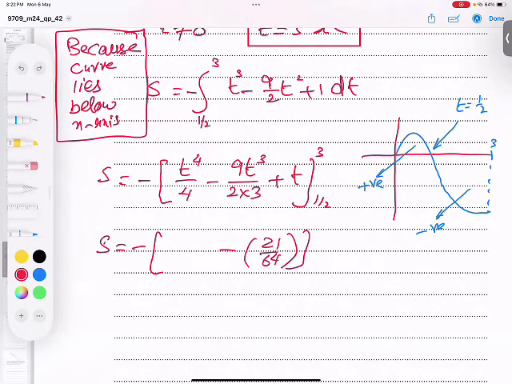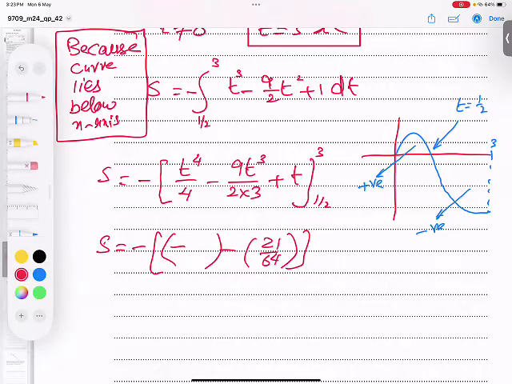Let me check my calculator, and I am going to type it: 3 to the power 4 in the numerator and 4 down below, then minus 3 by 2 times 27 divided by 6, and plus I put 3 here. I'm getting negative 69 over 4.